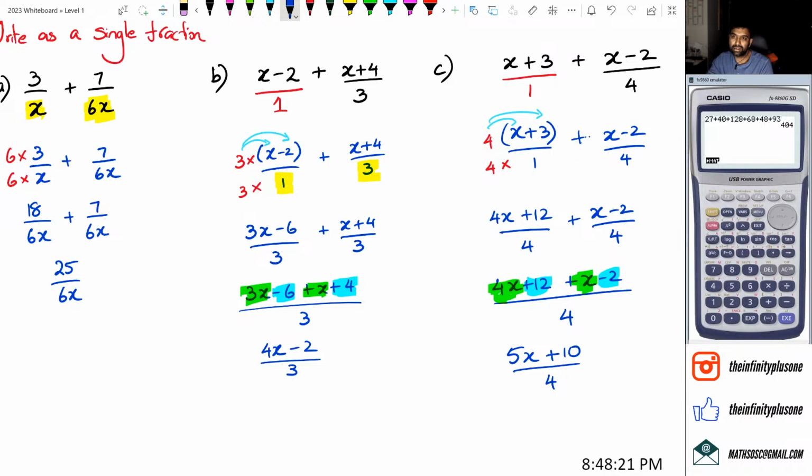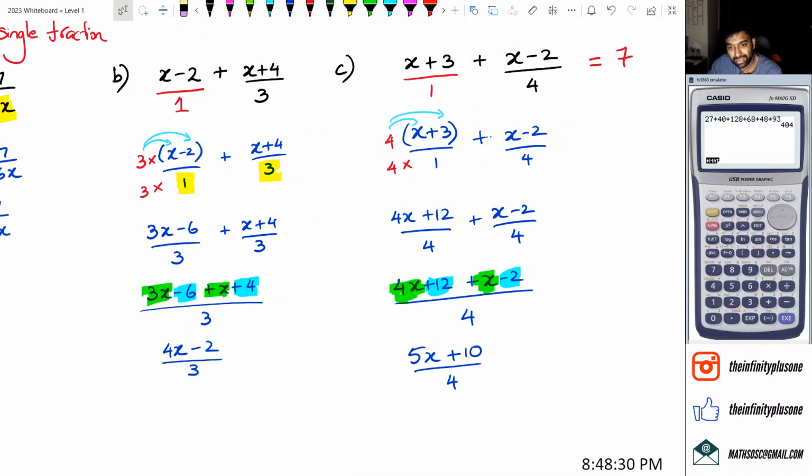So this is the part where we stop if this question had said write this as a single fraction. But because I actually put that equals 7 there, we're going to try and solve it now. So nothing really happens there, because all I'm doing is just putting that equals 7 all the way to the end. And then once I get to this part, I know how to solve this, because I could cross multiply that 4.